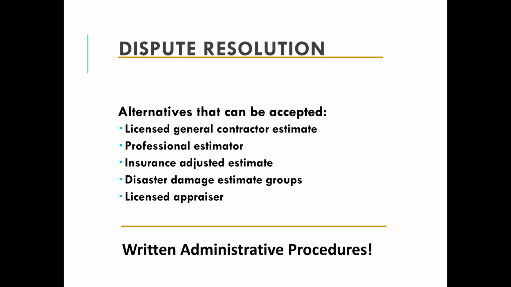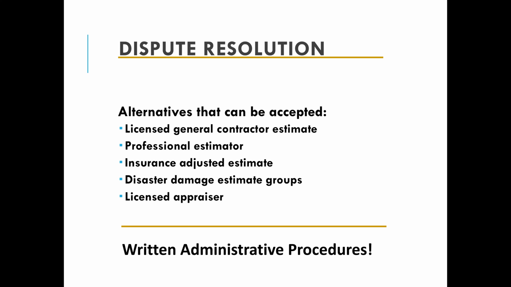And then dispute resolution. If you don't agree with the assessment that I've put together, here's your alternative. You can send me licensed general contractor estimates. A professional estimator can provide me information. The insurance adjusted estimate, you can provide me that. Disaster damage estimate groups.